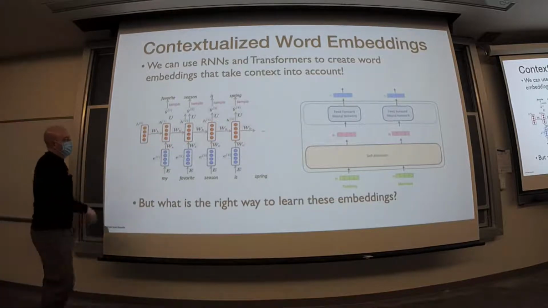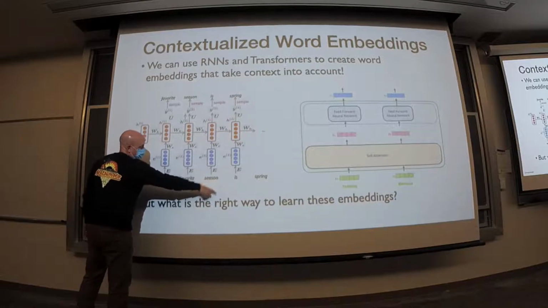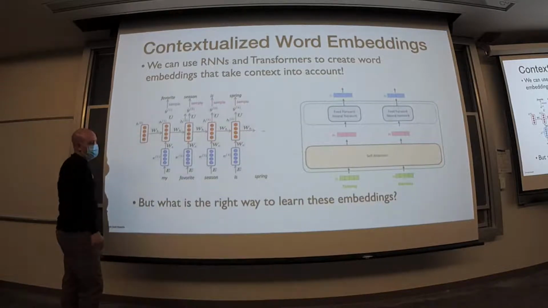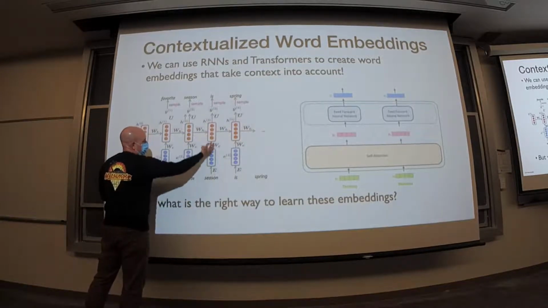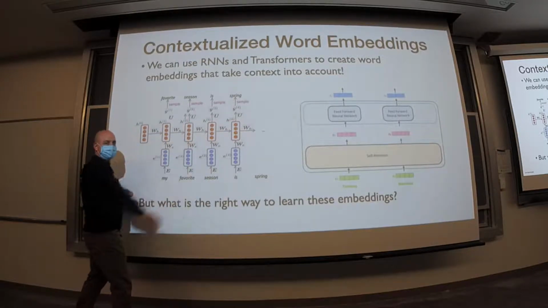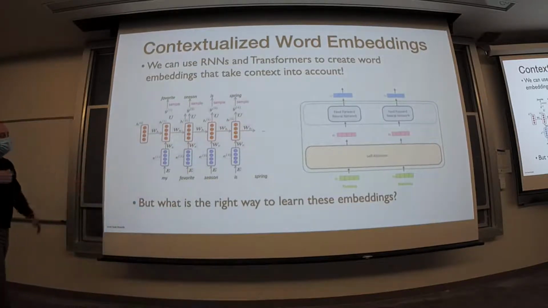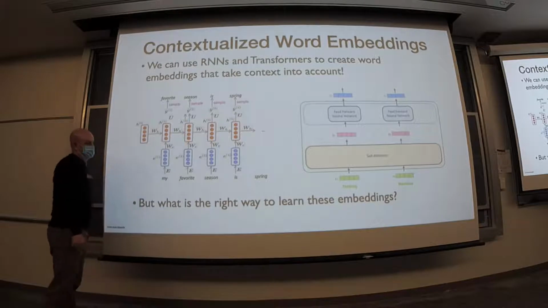So if I put in season here, season might have a couple of different meanings, and the encoding that I get for it when I input season into my RNN is going to be different depending on what words came before here. In general, that can happen. So I'm getting a contextualized embedding for the word season.